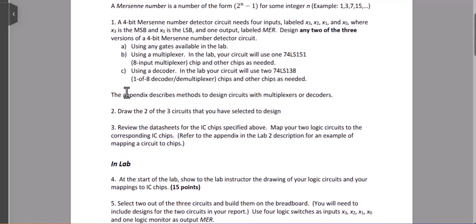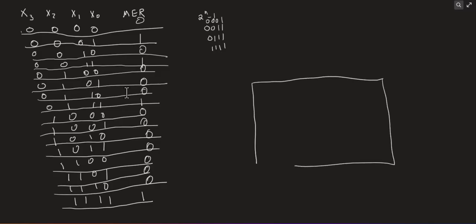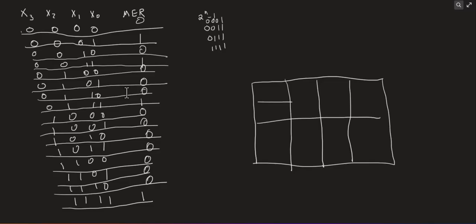Okay, so for our next step, if we're just going to use any of the old gates like we used to use in Digital Logic 1, we would want to simplify this using a K-map. If you have the worksheet, you have a K-map handy, and if you don't, you can just draw one.